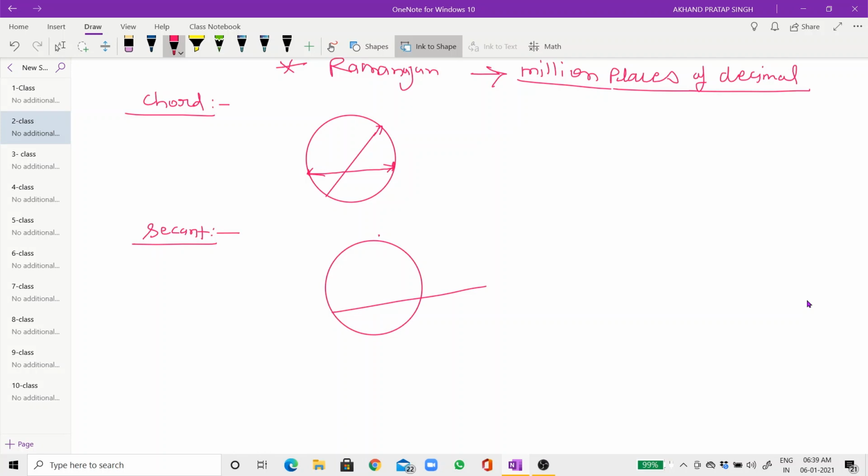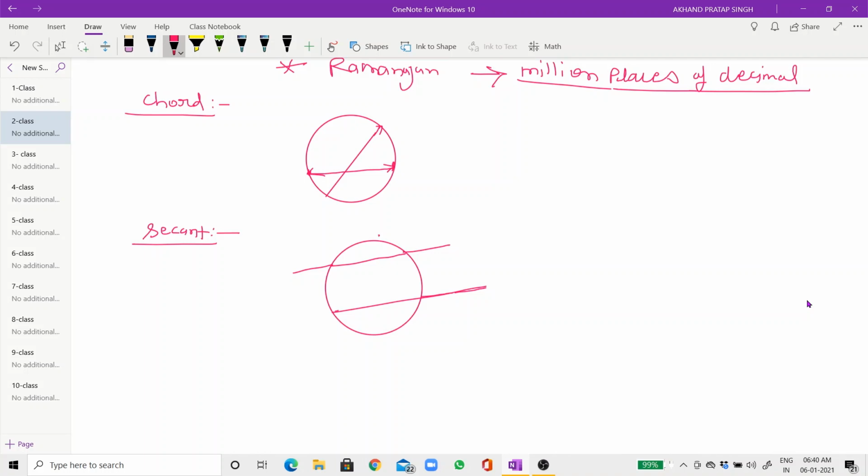If you draw the line within the circle, it is a chord. But a secant, you can extend this portion, and you can draw another secant in this portion and extend it up to another portion. So this is a secant.